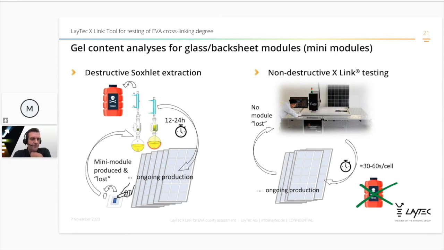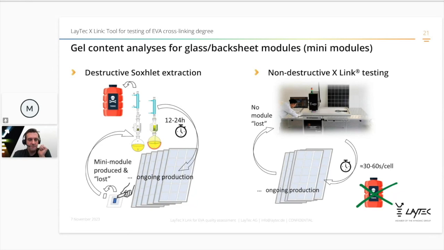So people, even for backsheet modules, usually tend to work with mini modules, which they just produce as twins of their actual production modules and cut out pieces of those in order not to waste cells and modules on the full scale. So they test those small mini modules, do the boiling and the Soxhlet extraction, wait for some hours, and have to dispose of the waste afterwards.